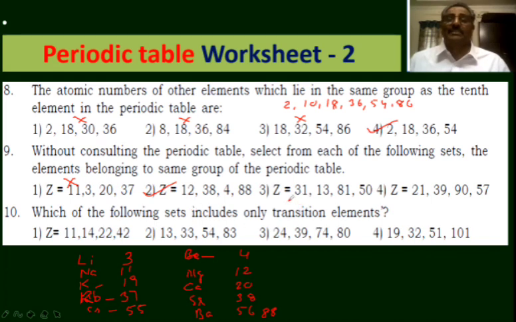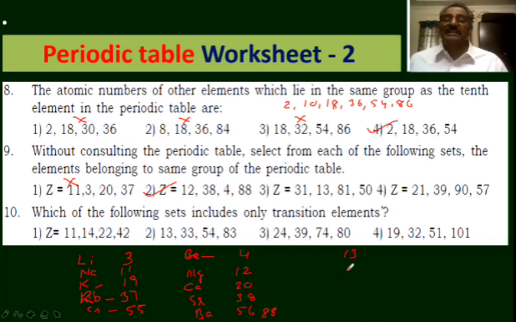Let us check the other two also. The least atomic number here is 13. That is aluminium, a p block element. So we need to add 18 to get the atomic number of the next element, not 8s.